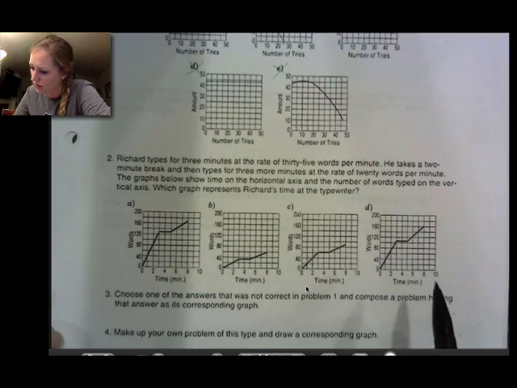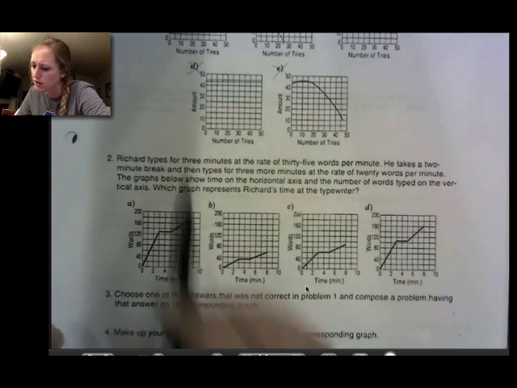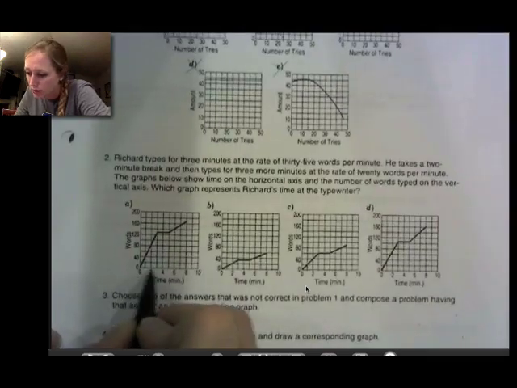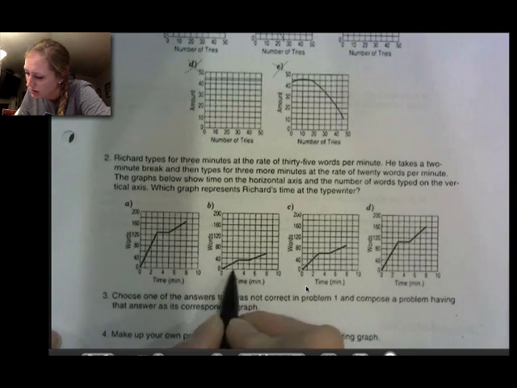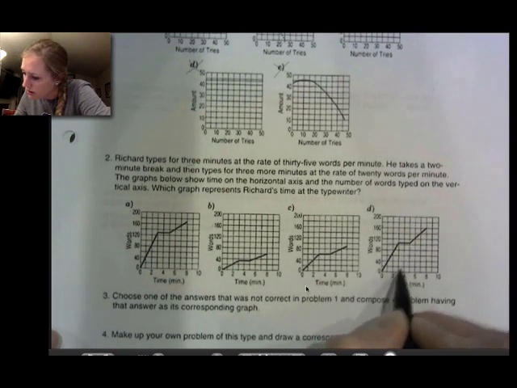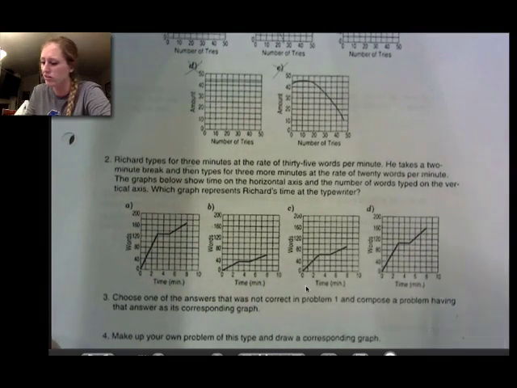Which after 3 minutes he should have typed, so if he's doing 35 per minute, for 3 minutes, let's see, 70, 105, I think that is. So at 3 minutes, he should be up at 105. Let's see. All right, so this one is actually how we missed that. So hopefully you guys understood what I was doing.